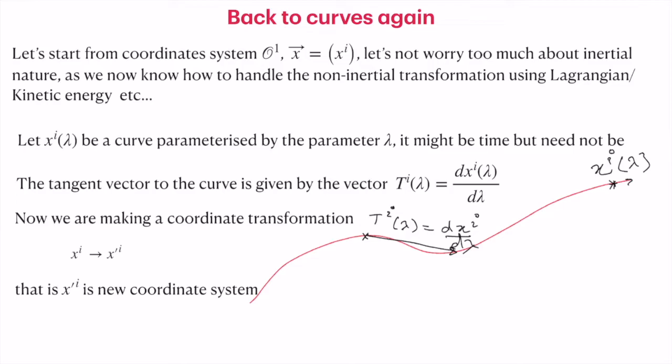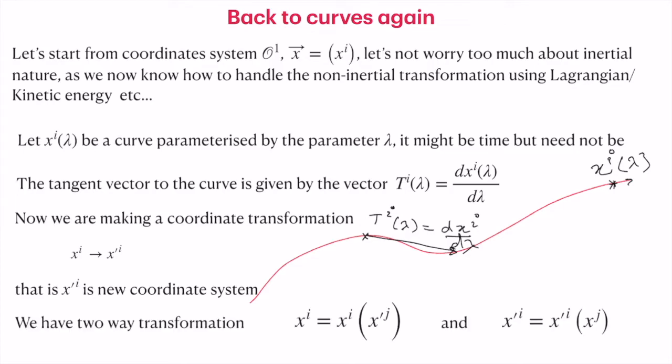The x prime i is a new coordinate system. Both need not be inertial coordinate systems. Once we say that a coordinate transformation is possible, then we have a bijective mapping, from x^i to x prime i and x prime i to x^i. That is the relation we exploit to represent our curve, and then find the tangent vector and how this tangent vector looks in both coordinate systems, if there is any relation between the two.